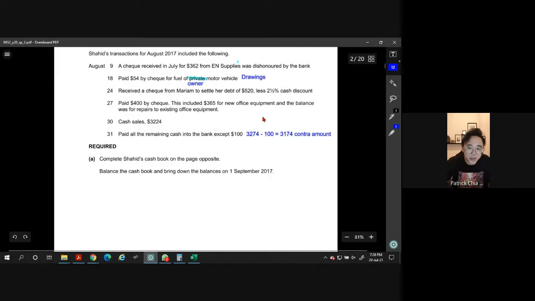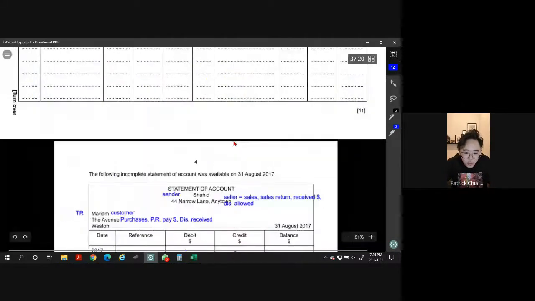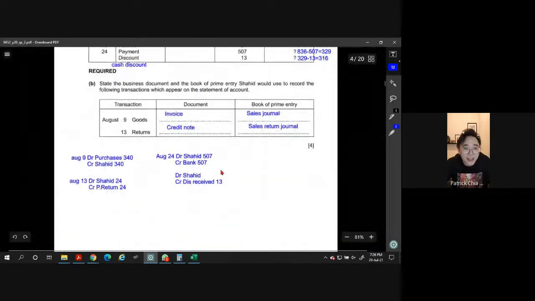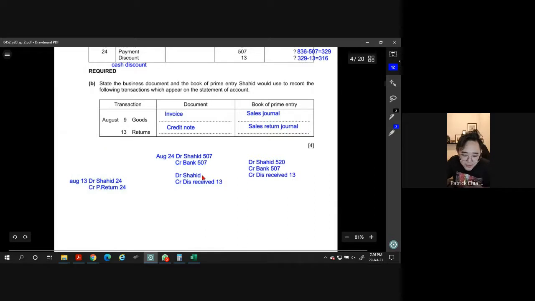If you want to do a double entry without separating, it's supposed to be like this: DR Shahid 520, and then CR bank 507, and CR discount received 13. But if you separate, still okay. Same thing.